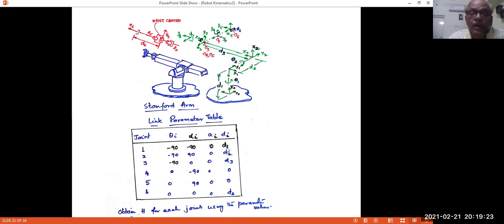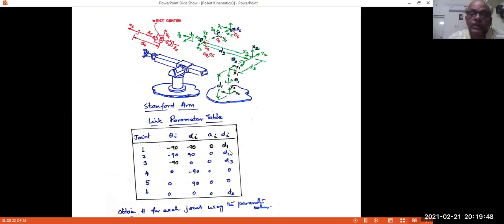The first two are rotary joints, the third is a prismatic joint. So these two will be theta 1, theta 2, though in this particular position they're shown to be minus 90. But once the robot starts moving, they should be taken as theta 1, theta 2. The third one is a link parameter, prismatic D3.